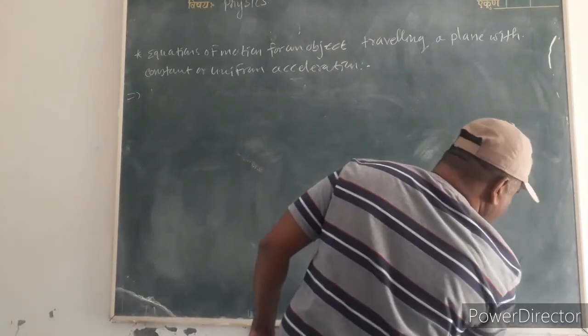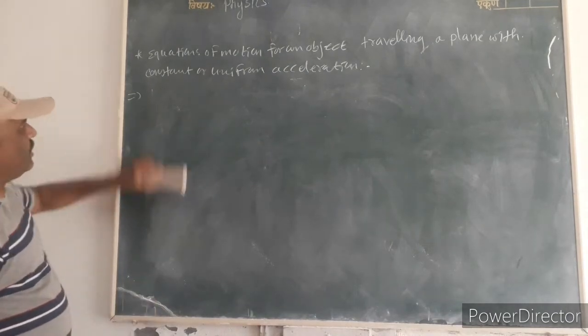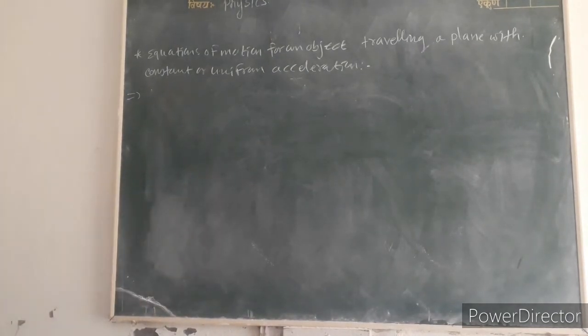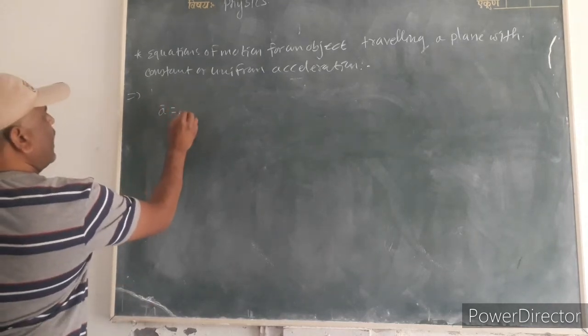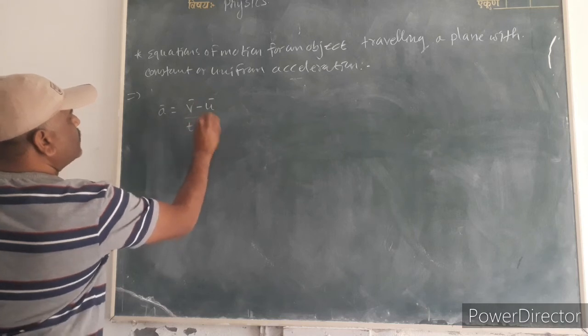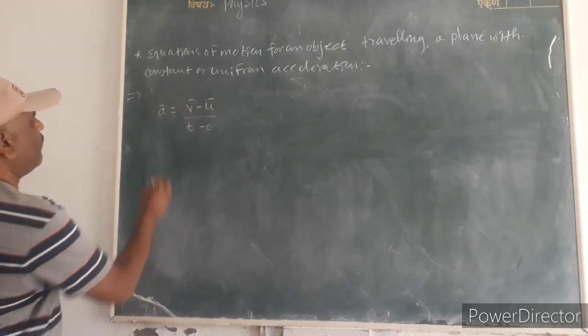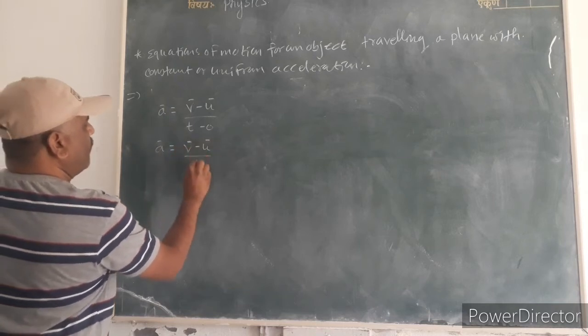If acceleration is uniform, then the average acceleration and instantaneous acceleration are the same. Therefore, acceleration is given as v bar minus u bar upon t minus 0. Therefore, a bar is equal to v bar minus u bar upon t.